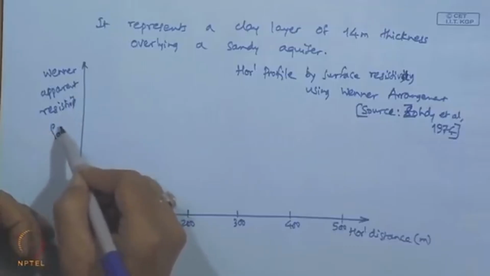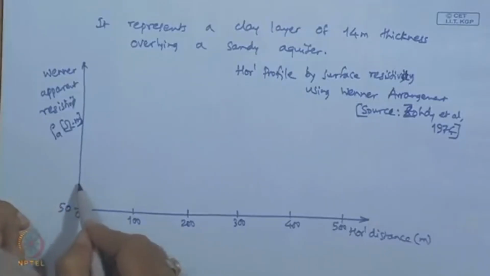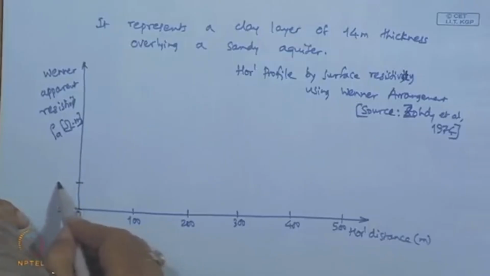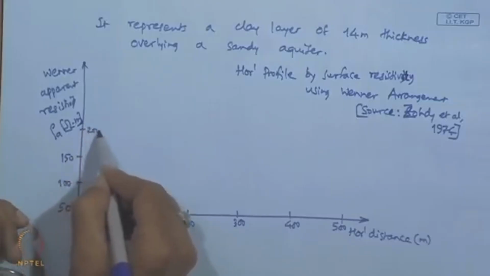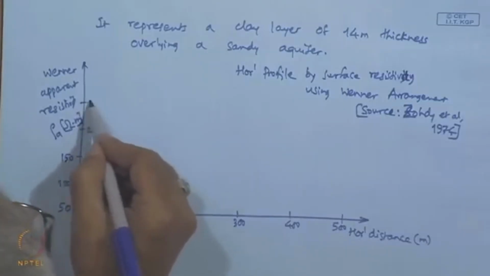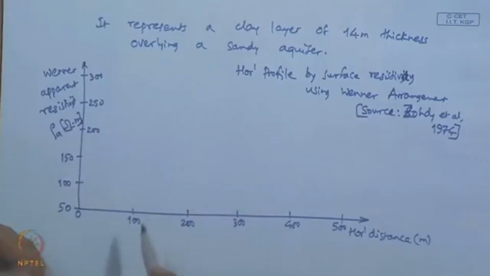So, this is rho A in ohm meter, and this is also in linear scale: 50, 100, 150, 200, 250 and 300. In this case, based on the electrical resistivity values, we can identify the strata.